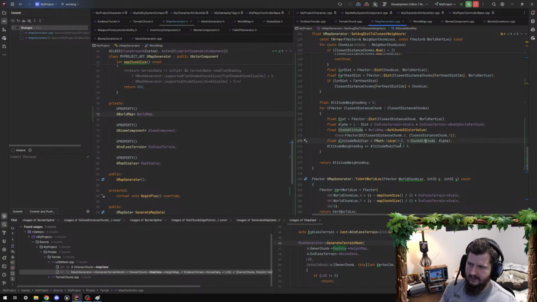And then I'm going to add that altitude modifier to the altitude weighted average, weighted by the distance, and divide it by 3, because I'm going to do this for the 3 closest chunks.